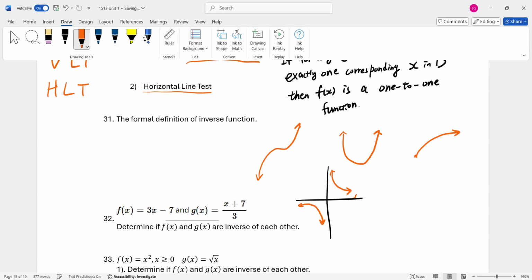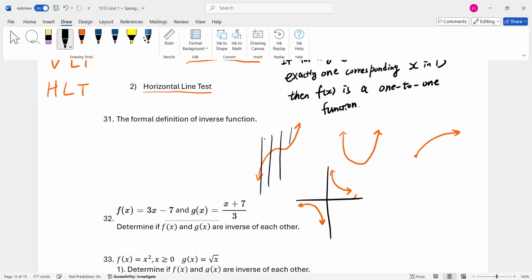So let's use these 4 graphs. We're going to use the vertical line test and the horizontal line test to identify one-to-one functions, like an ideal family with every wife only having one husband, every husband only having one wife. So in order to be a one-to-one function, the graph has to pass both the vertical line test and the horizontal line test.